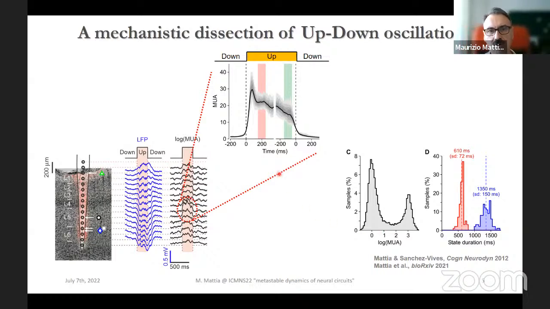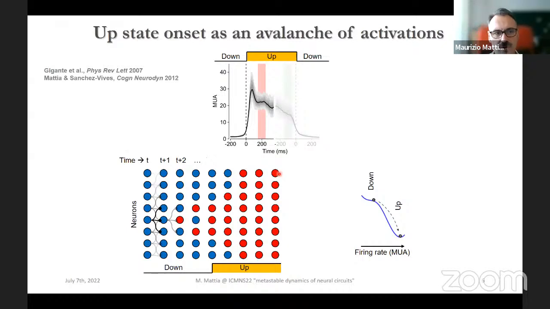And having a look at how to model this alternation between down and up, you can recover what I discussed at the beginning, because the canonical cortical circuit, thanks to the fact that you have a strong synaptic excitation, allows us to describe very well the transition from down to up, because the transition down to up is a kind of chain reaction induced by the fact that the coupling is strong. And this is what is happening in this small time window.